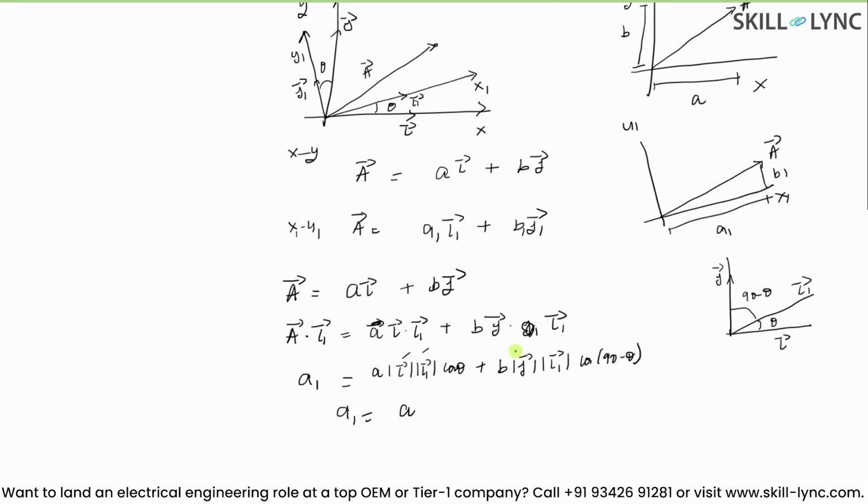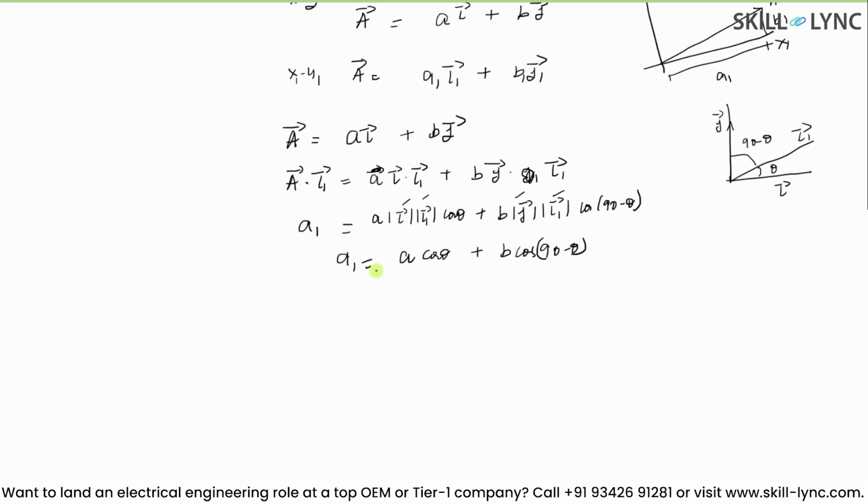So this, this and this, all of them are 1. So I'm left with a cos theta plus b cos 90 minus theta. If I simplify this one more step, I will get that a1 is equal to a cos theta plus b sin theta, right? Because cos of 90 minus theta is sin theta, and this is what you call coordinate transformation.